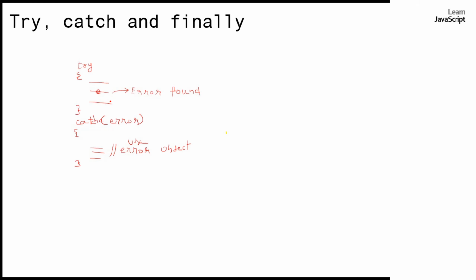Also you have to know that when an exception is raised here, the code flow goes like this. It executes this statement, then the runtime, the browser, will execute this statement. When it is executing this, we will get an exception. So the code flow moves directly to the catch block.